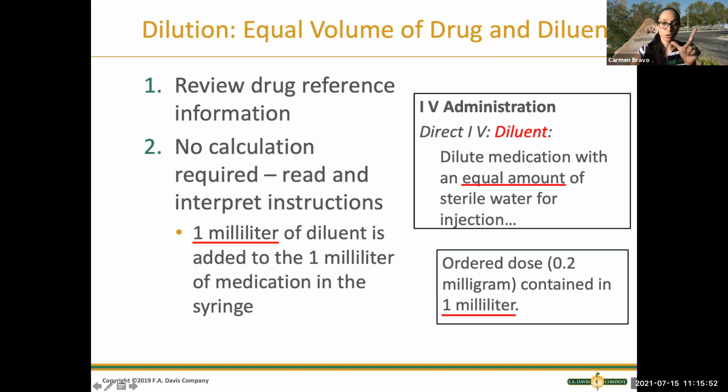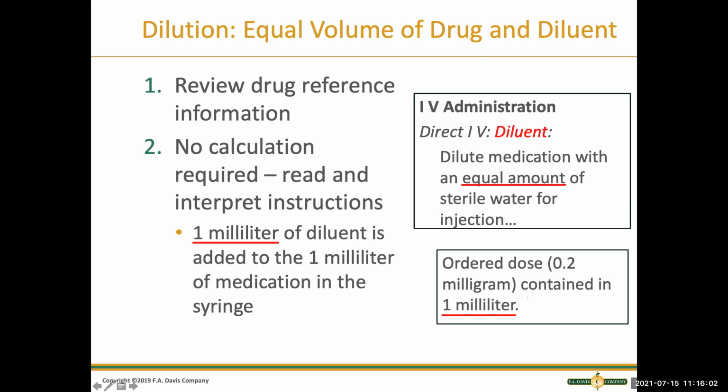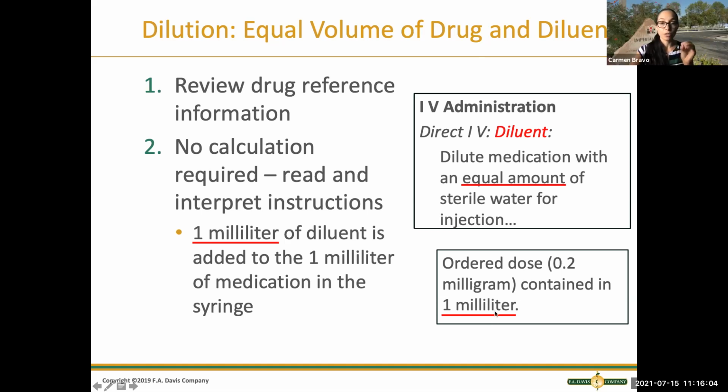So that's the one where, if the order is 1 milliliter, like right here, 0.2 milligrams in 1 ml, you have to add an equal volume of diluent so that it can be 1 and 1. The diluent instructions here say dilute medication with equal amount of sterile water. So you have to add 1 milliliter of sterile water, or diluent, to the 1 milliliter of medication.